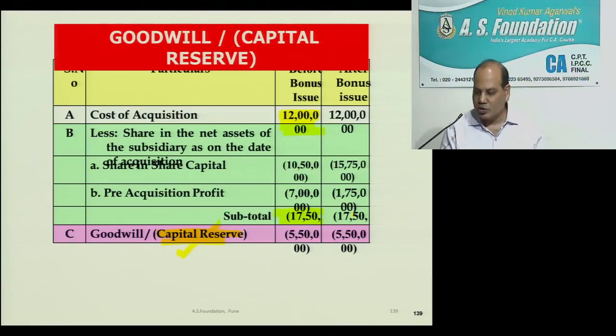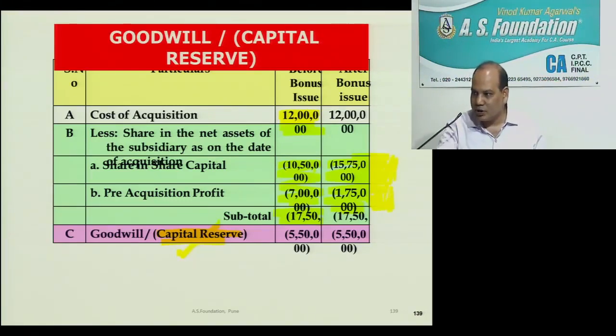Now you are just shifting money from one pocket to another pocket. Earlier it was 10,50,000 plus 7 lakh. Now it is 15,75,000 and 1,75,000. So the increase in share capital and decrease in the reserve are exactly equal. Understood?